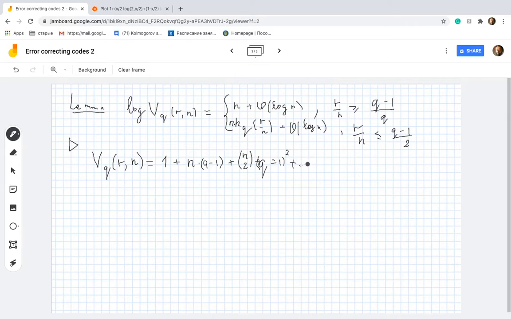The last term in this sum is equal to n choose r, the number of ways to choose r symbols to change, times q minus 1 to the r, the number of ways to change those r symbols.